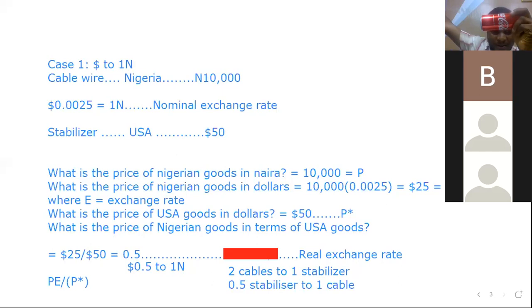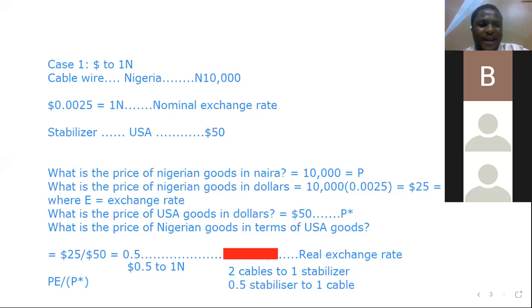It is $50. Since I've converted the cable to dollars, it's $25, and the stabilizer is $50. So that's $25 over $50, which is P times E over P star. That is the formula.